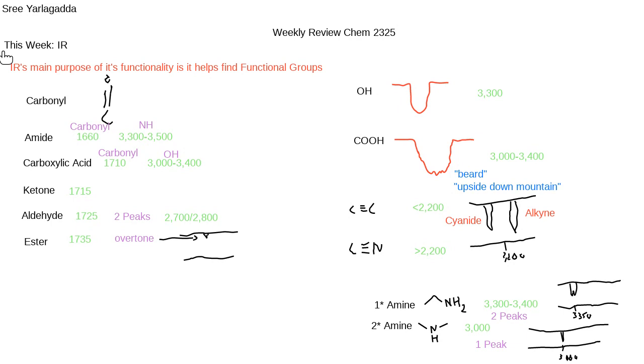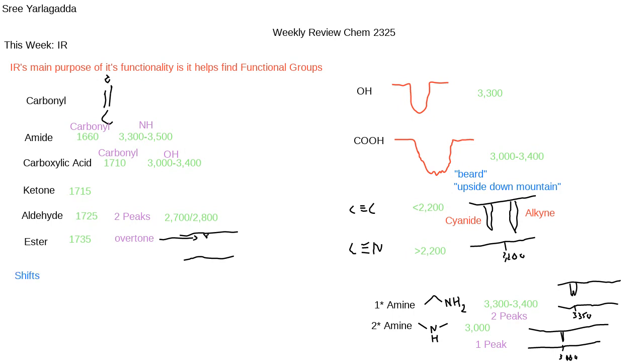So next thing we're going to talk about is the ways IR can be shifted either left or right. We're going to call these alterations. Or we'll just call it shifts.